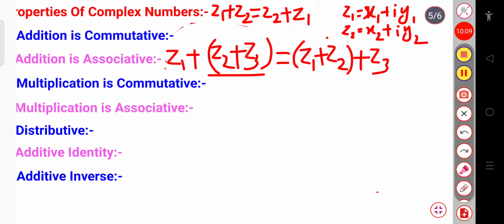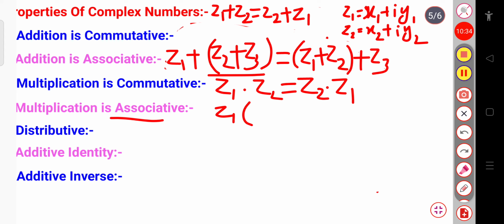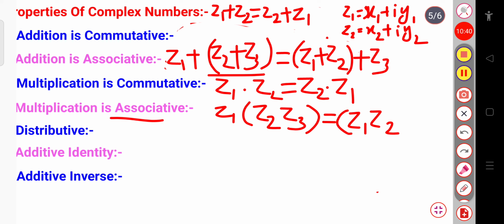Okay. Similarly, we can check for the commutative property of multiplication, that is z1 into z2 will be equal to z2 into z1, where z1 and z2 are complex numbers. Similarly, for the associative law of multiplication, z1 into z2 z3 will be equal to z1 z2 whole into z3.